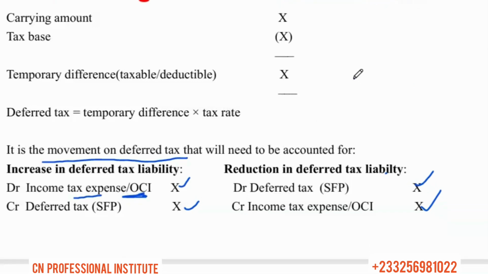Let's say your opening deferred tax asset is 2 million, and your closing deferred tax asset is 4 million. Can you see the asset has increased? If asset has increased, it's an income, so you have to less from your income tax expense.